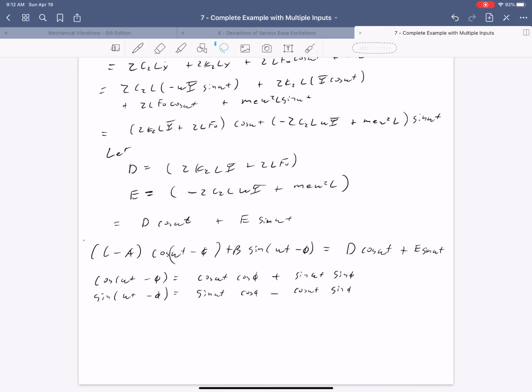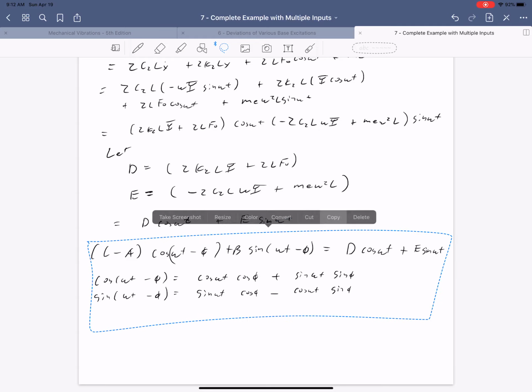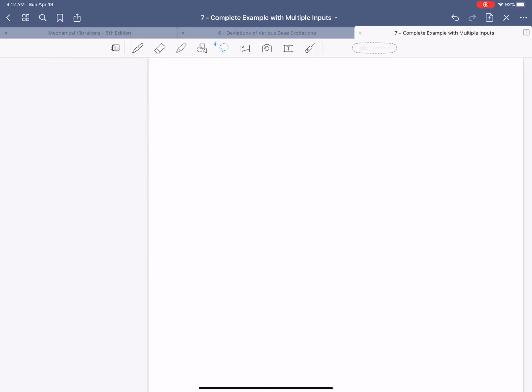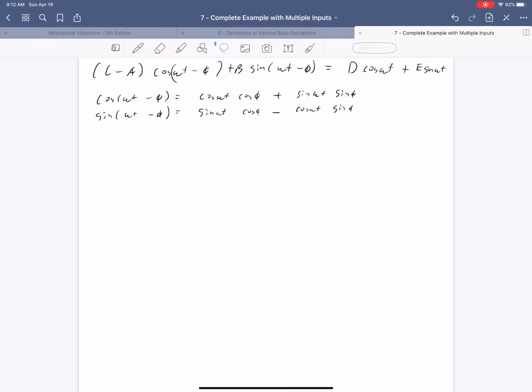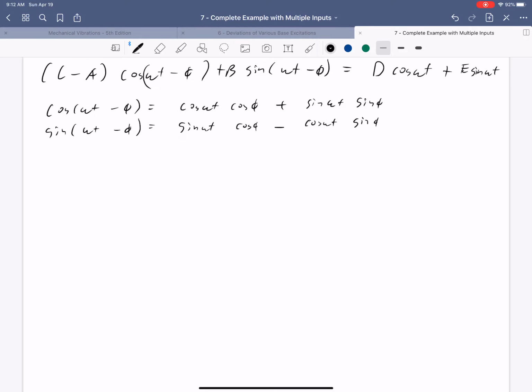So we'll pull this to the next page. Okay, and let's do the substitution. Since we've already done the substitution, we know how it's going to turn out, but might as well do it again together.